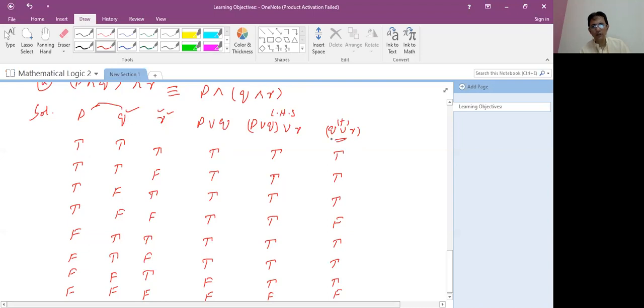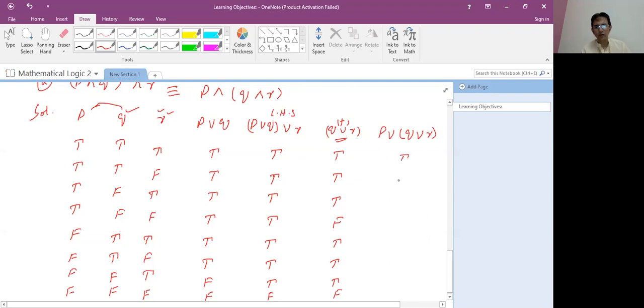When we connect with P, it means P or (Q or R). So this answer will be connected with the first column. It means P or (Q or R).